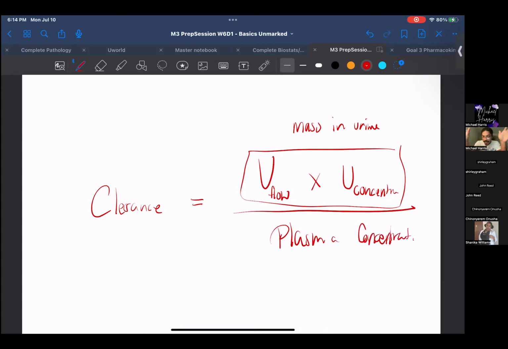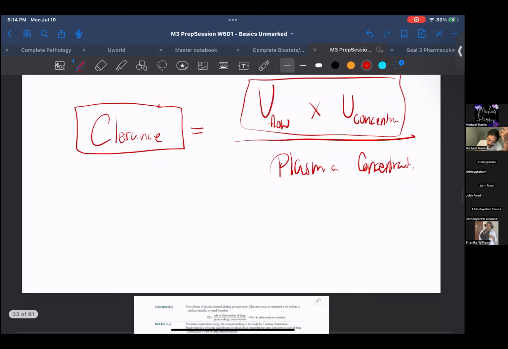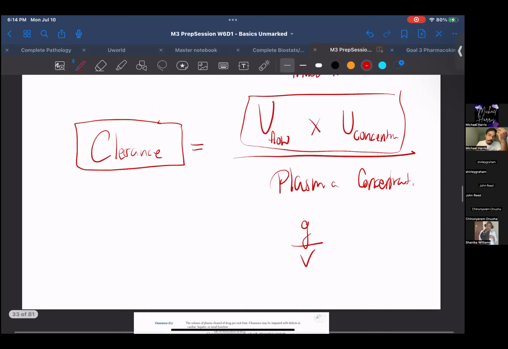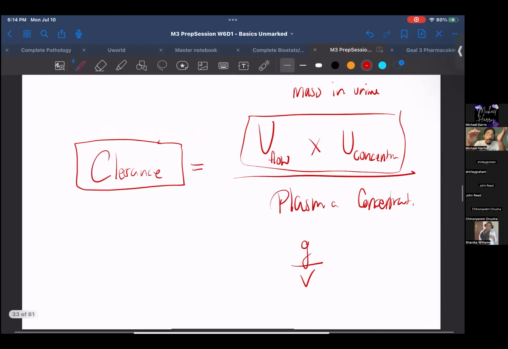So when you do that and you divide by a plasma concentration, what do you think you're going to end up with? Is it going to be a mass? Is it going to be a volume? Remember, plasma concentration is grams per volume. So is clearance a mass or volume?